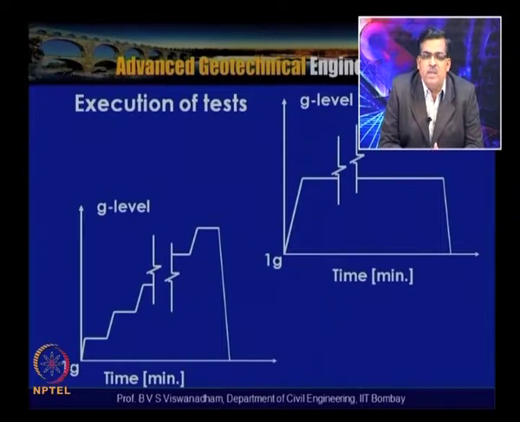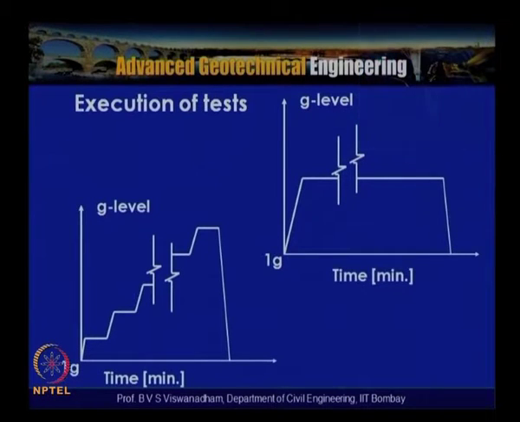With a dry sandy soil, up to some extent, like a reinforced slope constructed with sandy soil, if you are interested in the collapse behavior, it can be studied. But at each and every gravity level, the model is equivalent to the prototype with respect to that particular gravity level. So these are the two categories of tests: variable gravity level and constant gravity level.